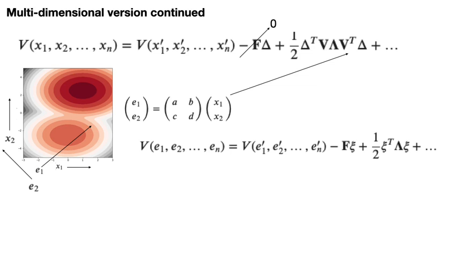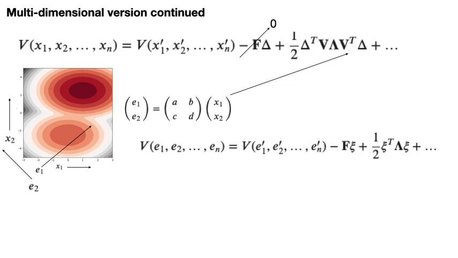In doing this, we have replaced the x1, x2 and so on with e1, e2 and so on, so as to indicate that we are using the eigenvectors of the matrix of second derivatives of the function as a basis set. Our function is thus written in terms of the projections on these eigenvectors here.